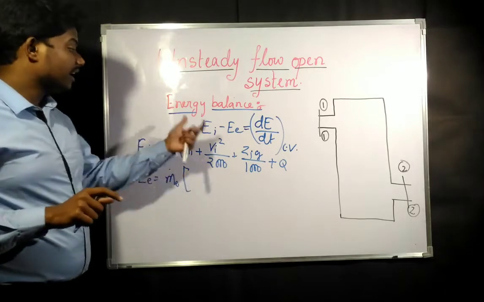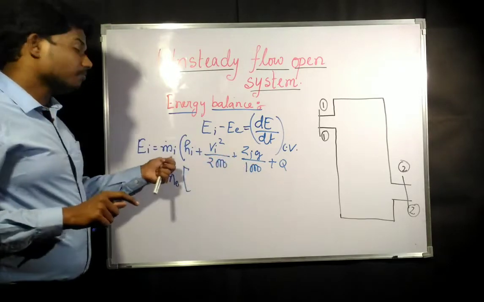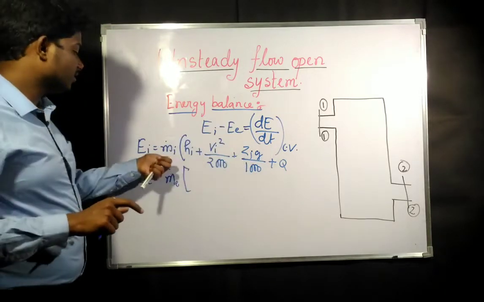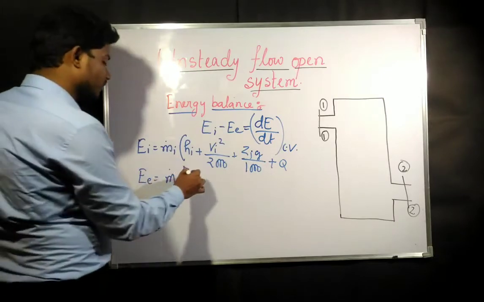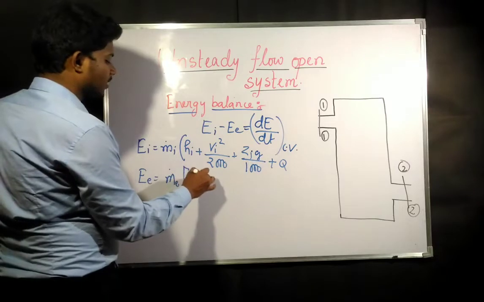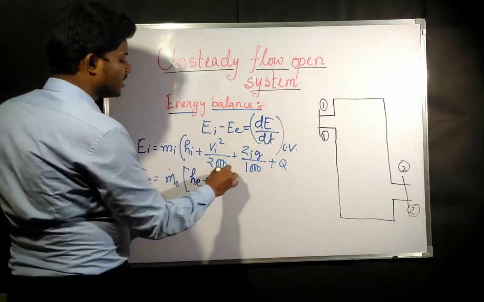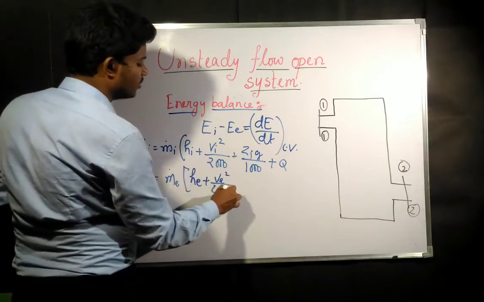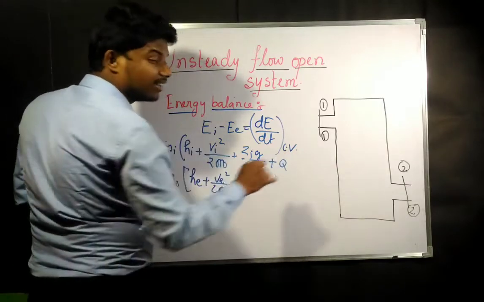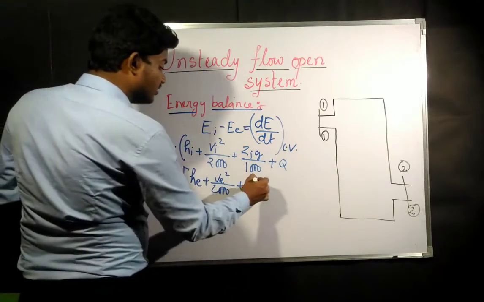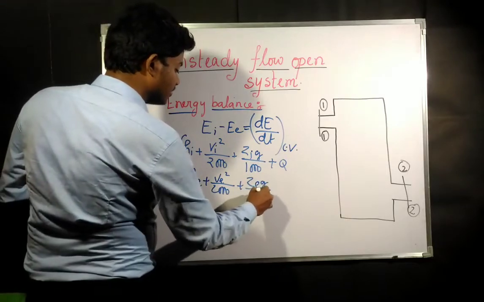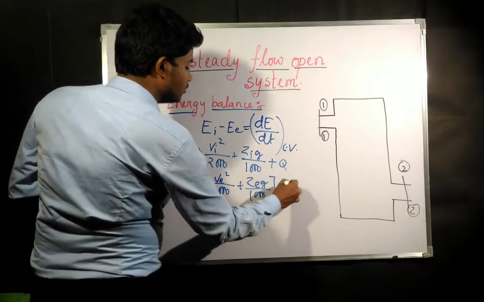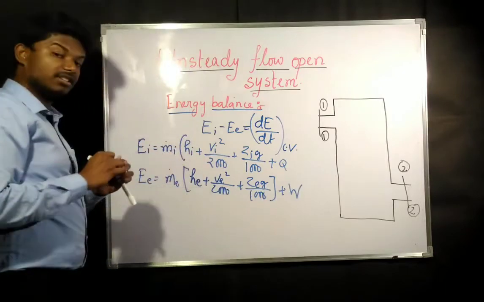But here it is unsteady, so mass flow rate is going to change. That's why we are writing different terms, mi dot here and me dot here, plus enthalpy at exit plus velocity at exit square by 2000 plus height of the exit from the datum, z exit into g by 1000, plus whatever the work done on the system was there.